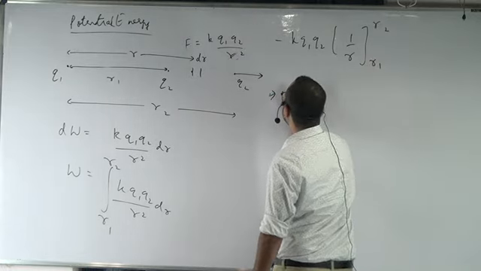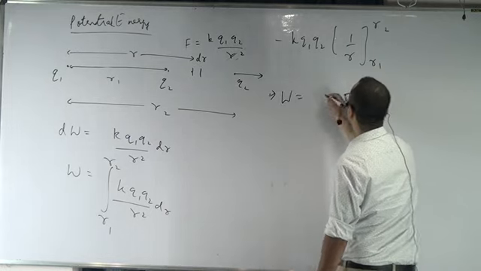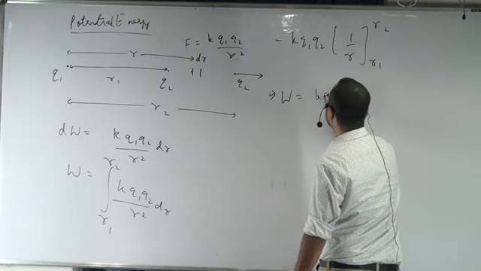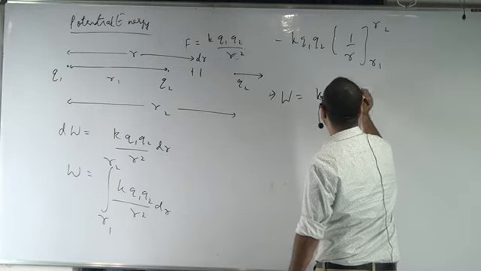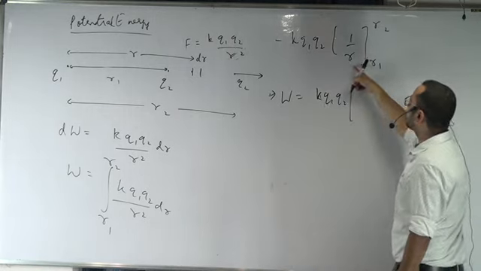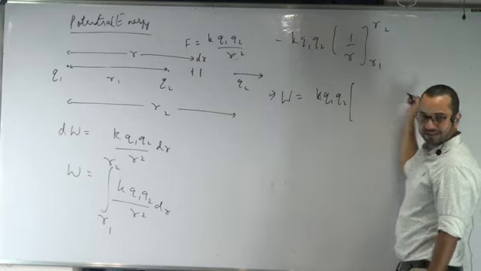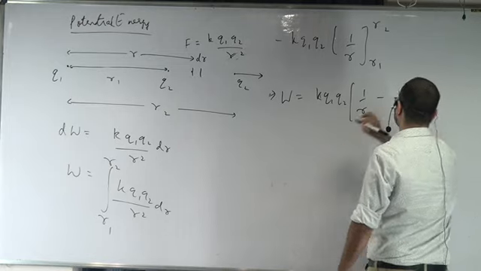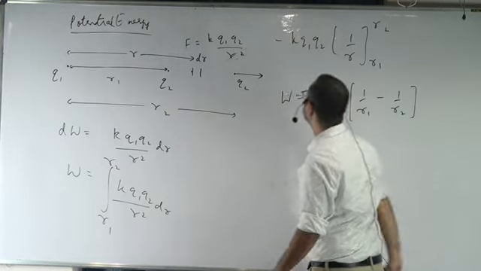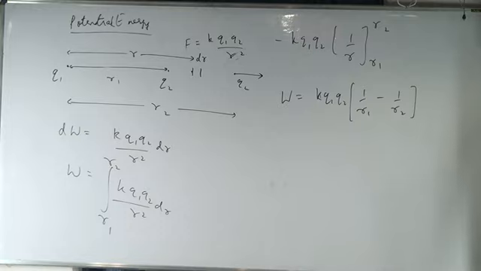So the work done is equal to k q1 q2 times 1 by r2 minus 1 by r1. The minus sign goes inside, so this will become 1 by r1 minus 1 by r2. And that is the work done in this displacement.